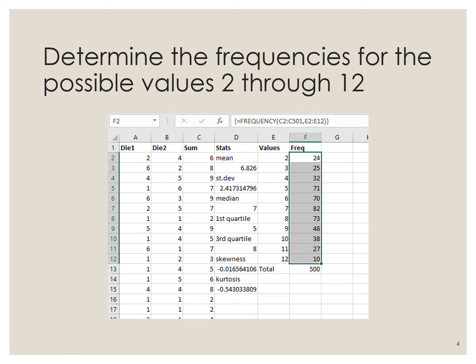We entered the formula as an array formula with a Ctrl-Shift-Enter. And again, the curly brackets you see there were added by Excel, not by the person entering the formula. We have a little test to make sure that all the frequencies add up to 500, the number of rolls, and so all looks good.